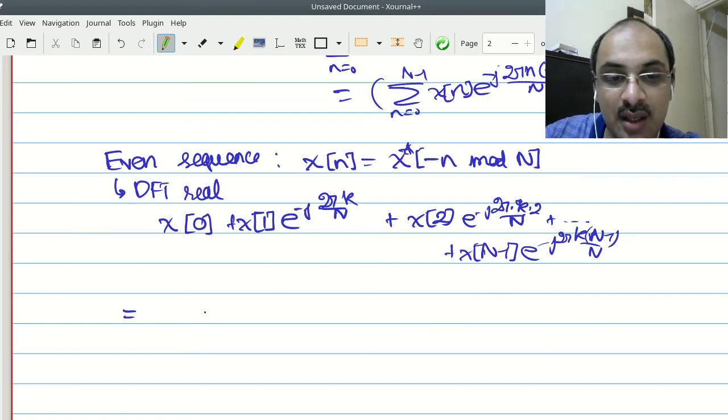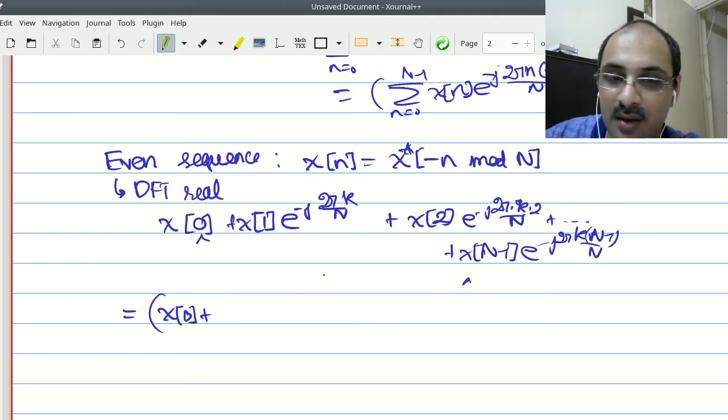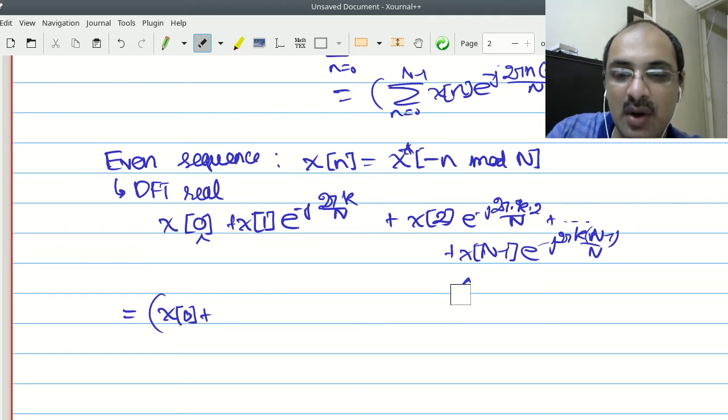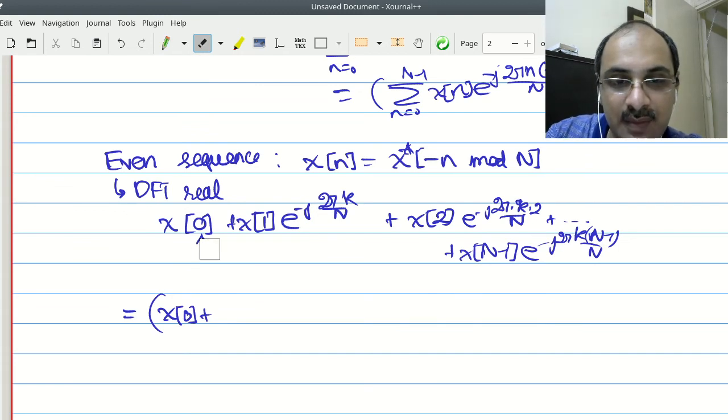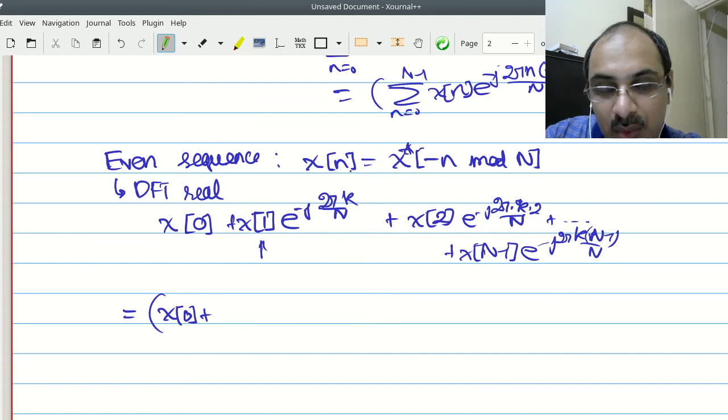So x0 we will keep aside. If you group x1 and x[N minus 1], x[N minus 1] is x star of 1 because of the modulo operation.